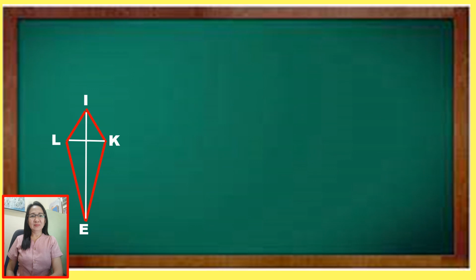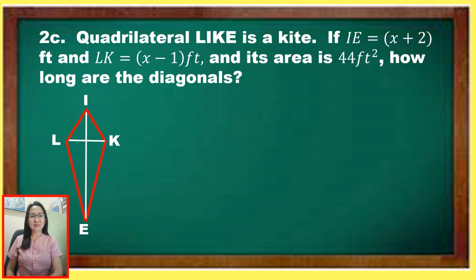Now let us solve another problem with this situation in our kite LIKE. If IE equals x plus 2 feet and LK is equal to x minus 1 feet and its area is 44 square feet, how long are the diagonals?